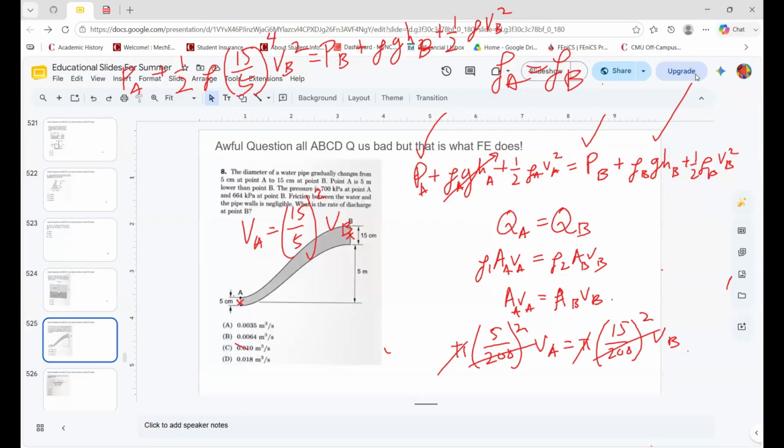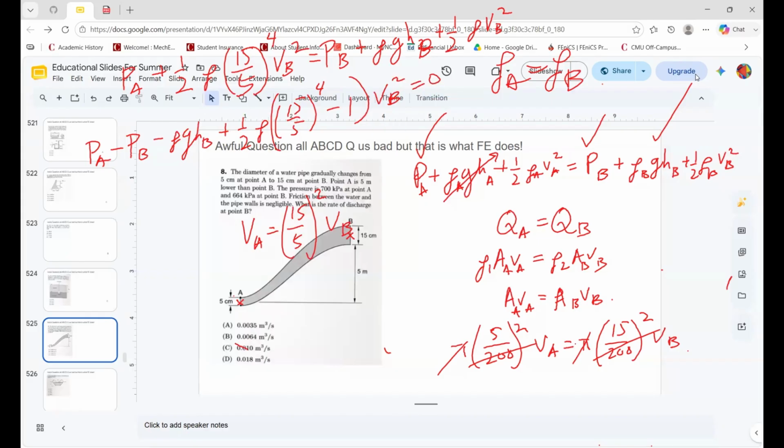Honestly, it's just a question of plugging these numbers in and figuring it out. I want to figure out the easiest way to do that, and I think the best way is this: minus rho GHB, and then plus 1/2 rho times (15 over 5 to the 4, minus 1) VB squared equals 0.